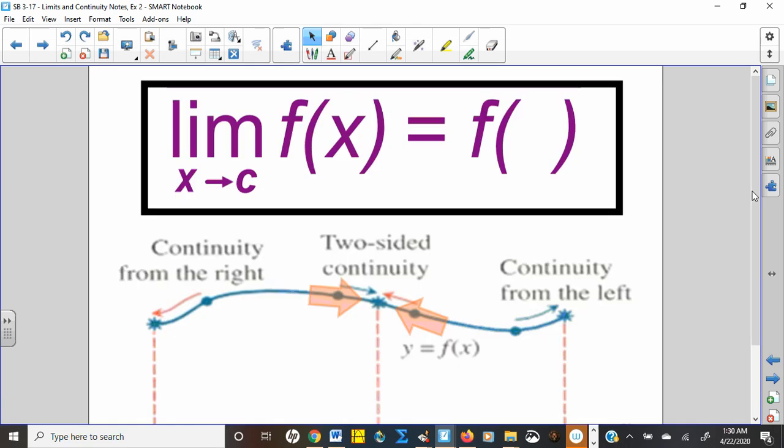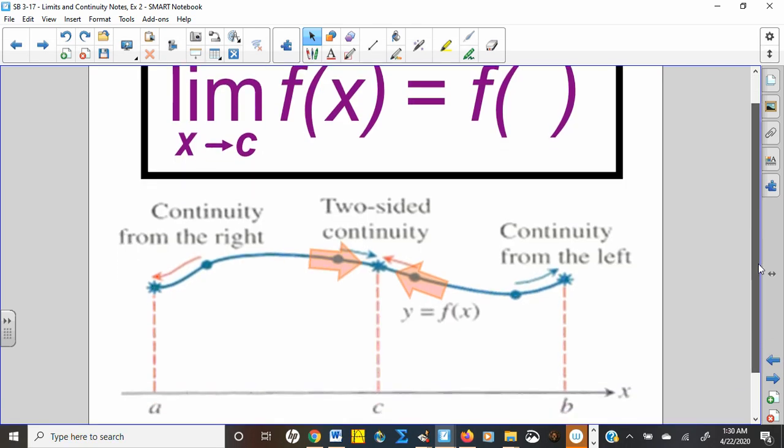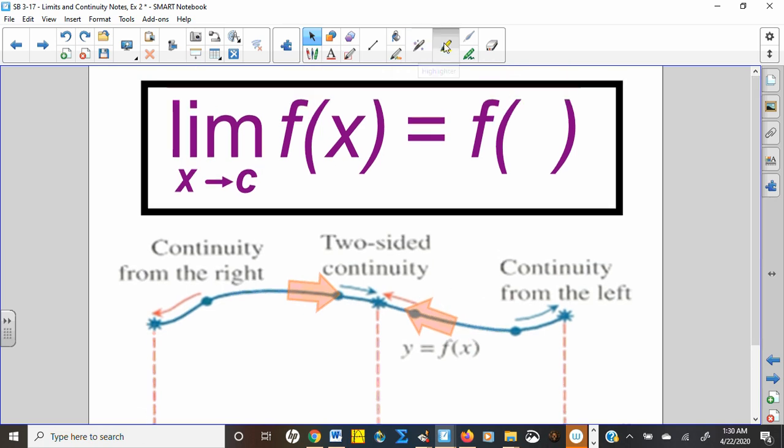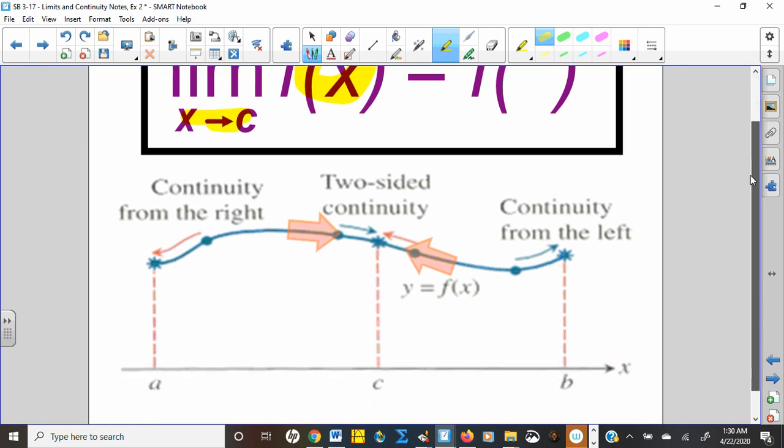Here's the picture. We've got two sides, a left limit and a right limit, and we're approaching an x value c. So what needs to happen?